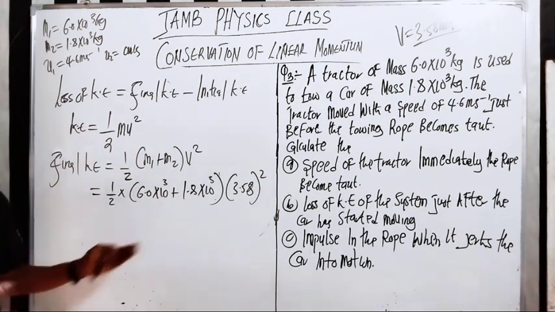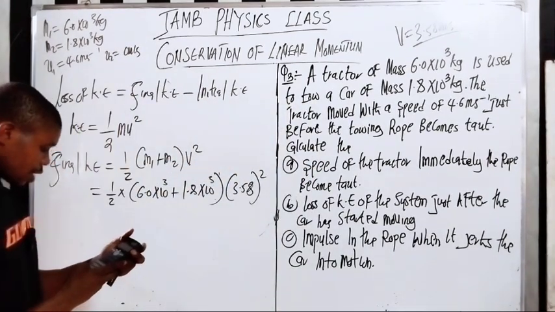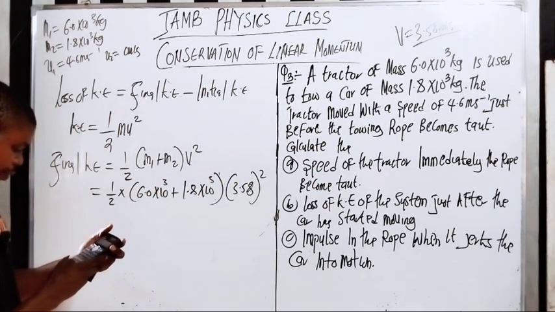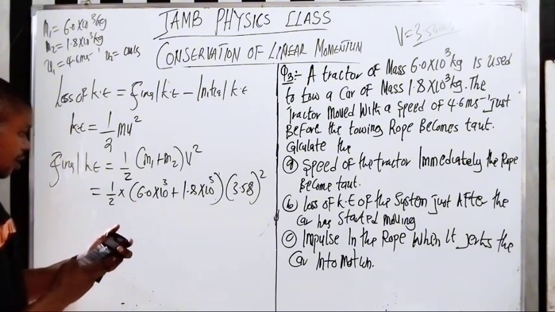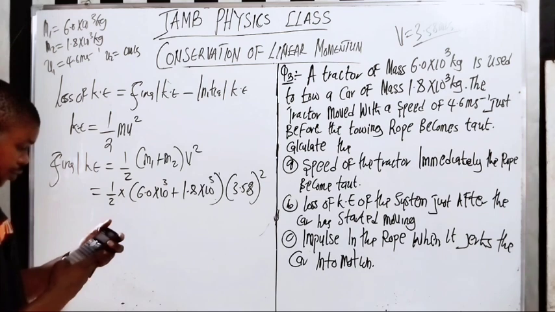So I'm going to do the calculation: (6.0 × 10^3 plus 1.8 × 10^3) times 3.58 squared divided by 2.